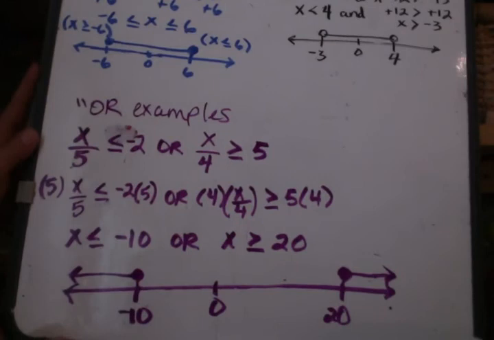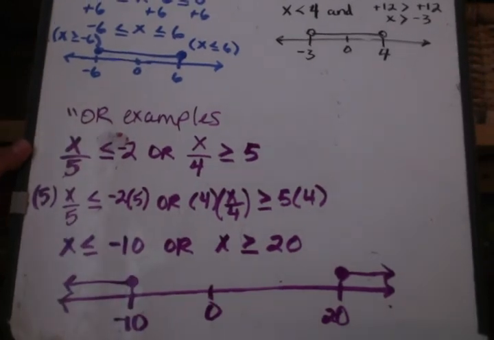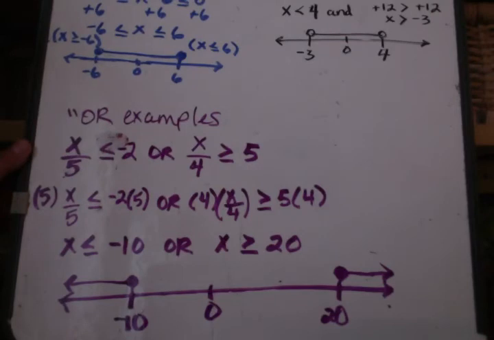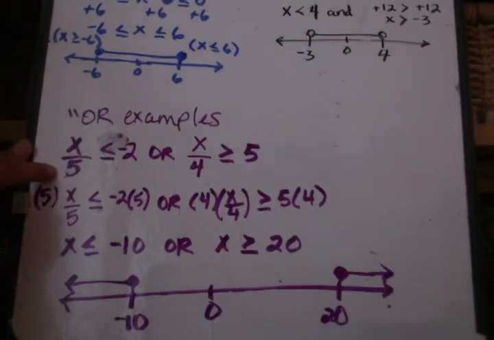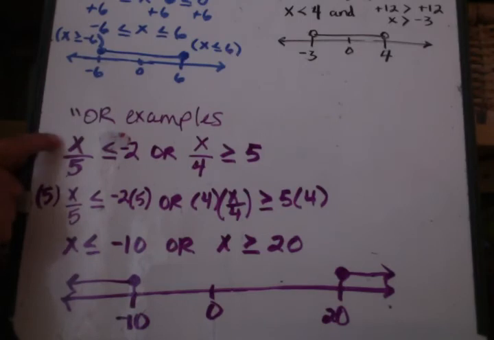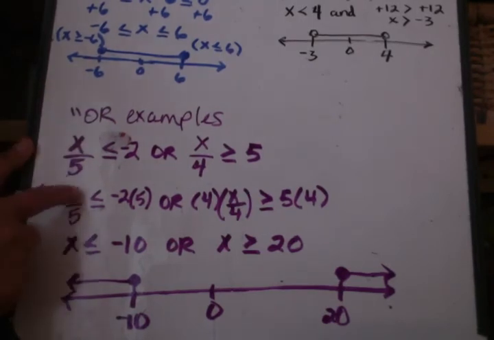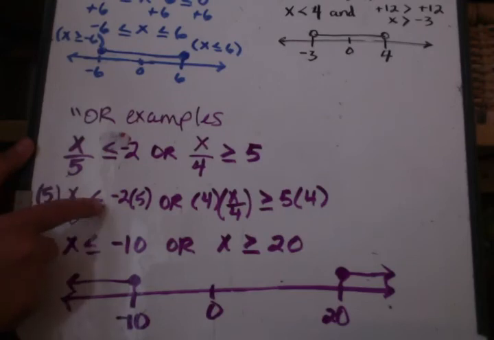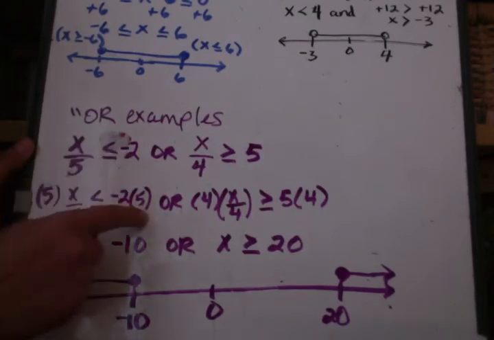Just like we did with the AND, we solve both of them so that we just have the variable by itself so we can graph it. And here, remember, x over 5, this is dividing, so the opposite of dividing is multiplying. So I'm going to multiply by 5 on both sides. 5 times x over 5 less than or equal to negative 2 times 5.